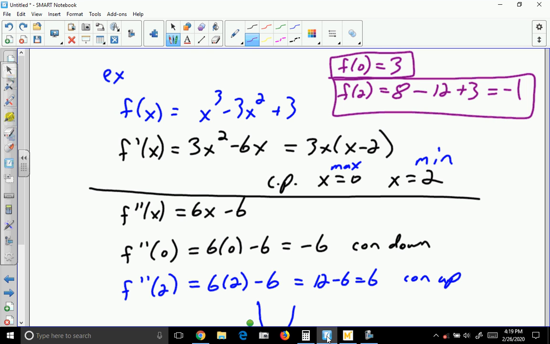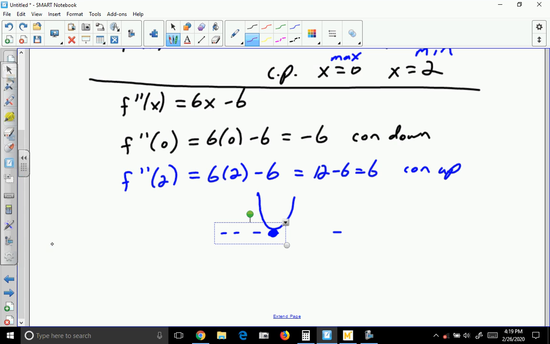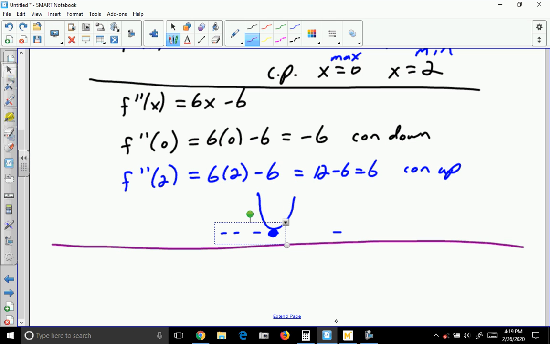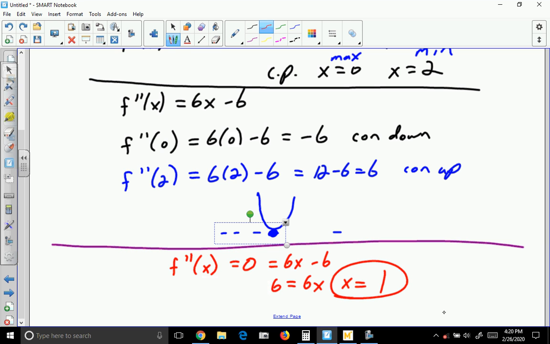Now, while we're at it, let's go ahead and find the inflection point, even though that's not an extrema. So if we have an inflection point, which if we look at our graph, we do, we change concavity, the inflection point will occur when our second derivative is equal to 0. So if we set our second derivative equal to 0, add 6 to both sides, x equals 1 is our possible inflection point.